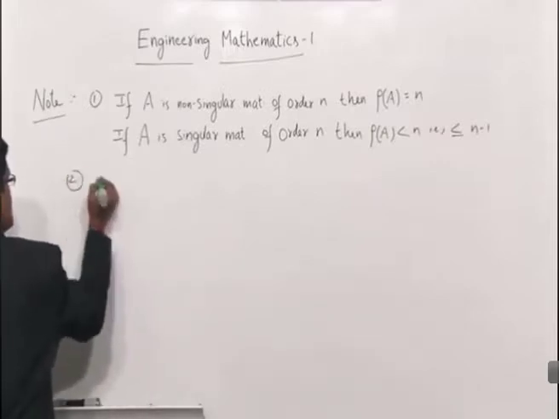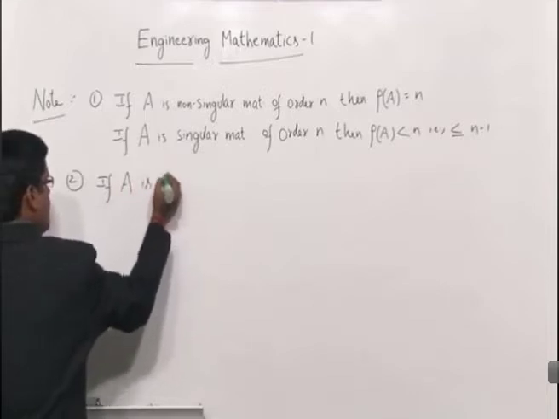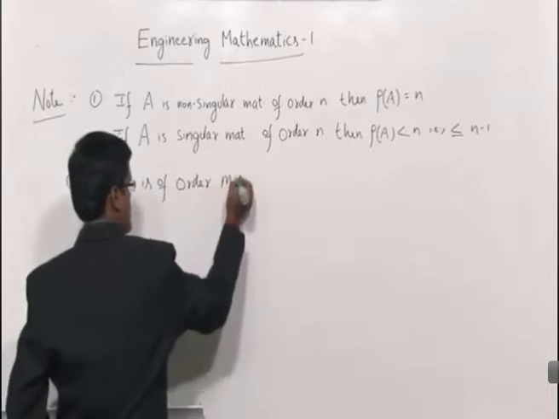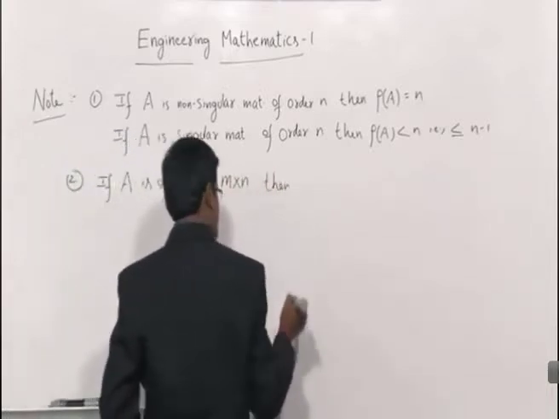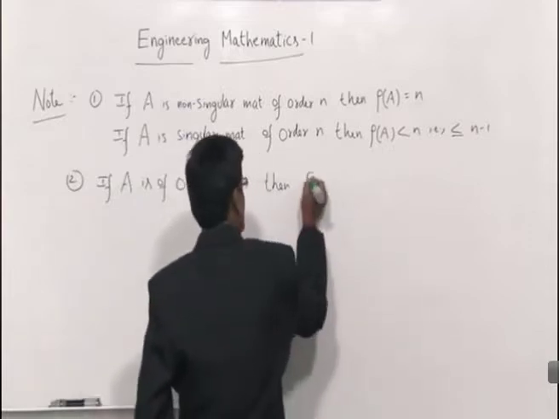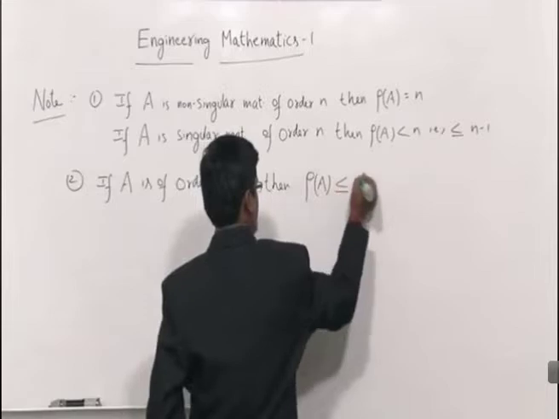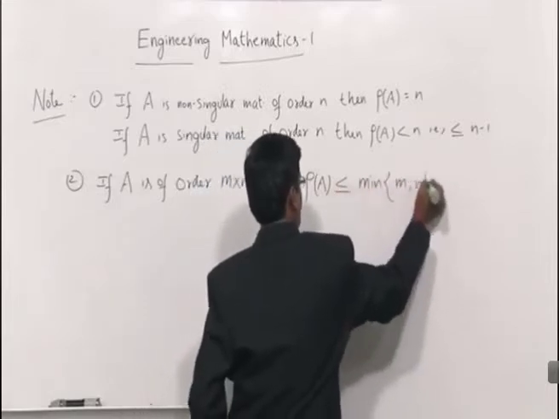2. If A is of order m cross n, maybe a square or rectangular matrix, then rank A is less than or equal to the minimum of m comma n.